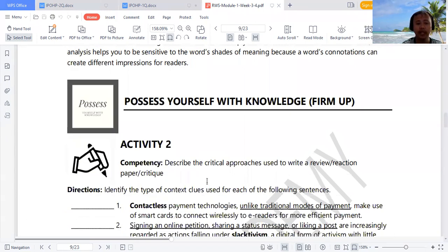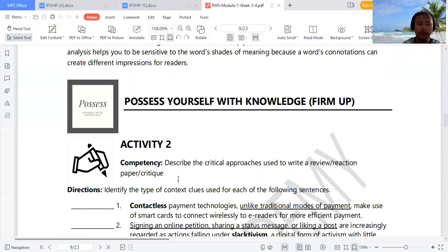All right, so possess yourself with knowledge. Let's come here to firm up. What do you mean by firm up? Activity 2 here, competency: describe the critical approaches used to write a review, reaction paper, or critique.